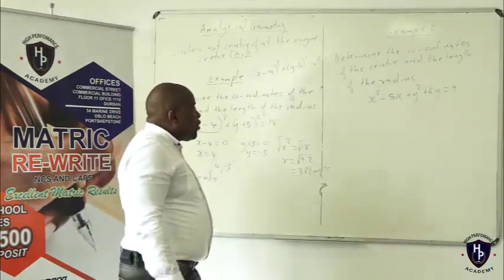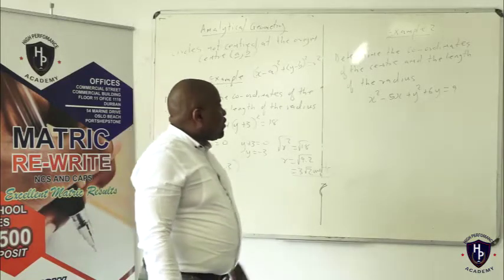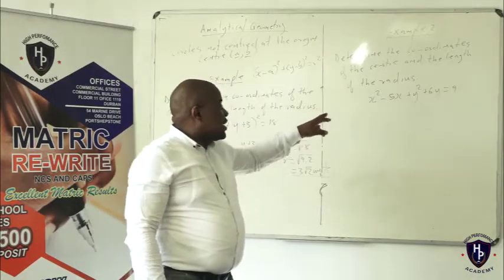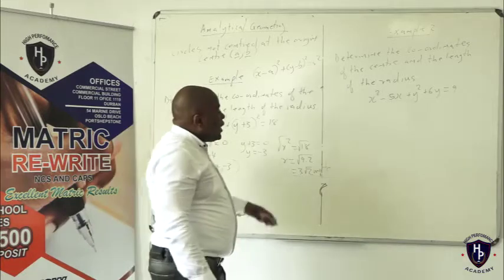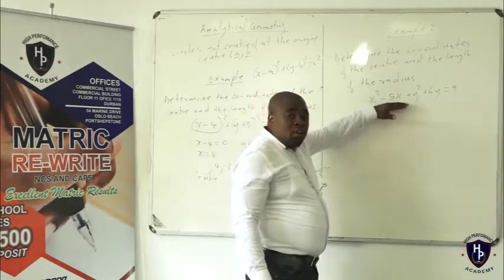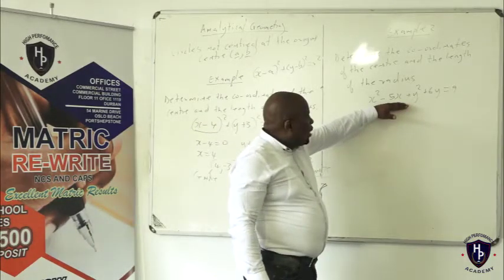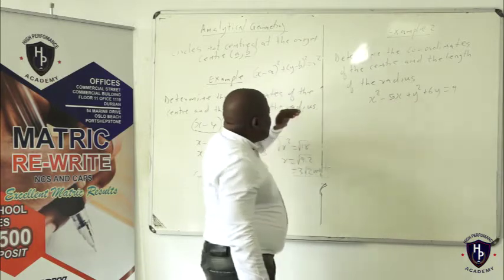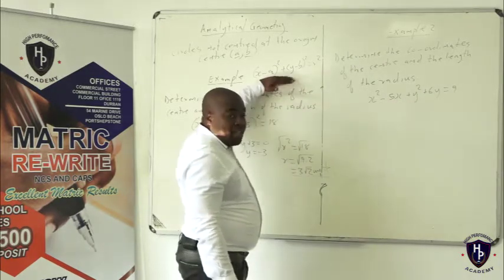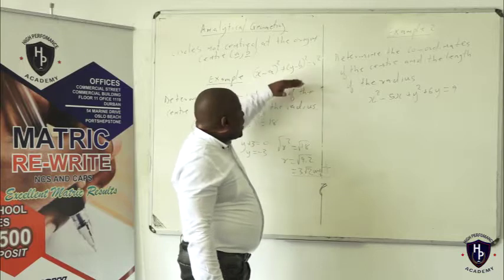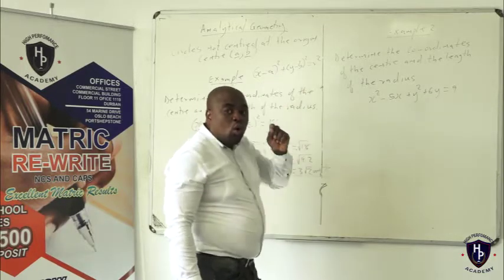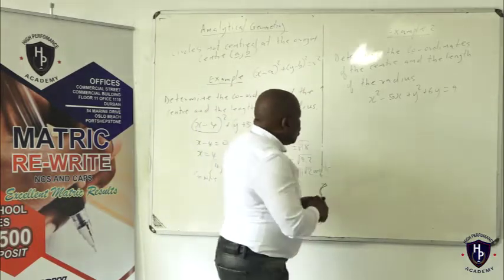Let's say we want to find the coordinate of the center and the length of the radius in this one. So look at this. When you are given the formula in this nature, it's very important to write it in this form. So to write it in this form, we are going to complete the square.